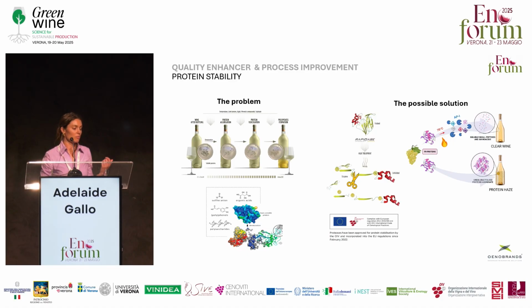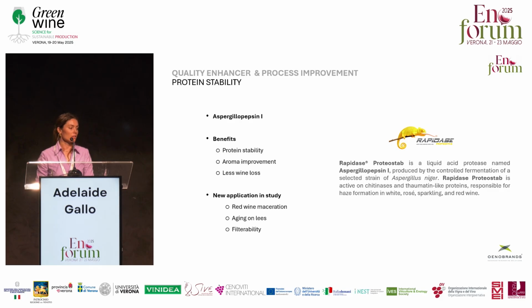Several solutions have been put forward, and a recently approved solution is protease, authorized by OIV. Basically, what the OIV suggests is to add a protease in must and wine, heat for 1 minute at 50 degrees or so, so that the enzyme can act and hydrolyze unstable proteins that derive from the grape itself.